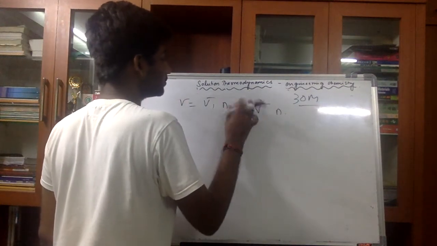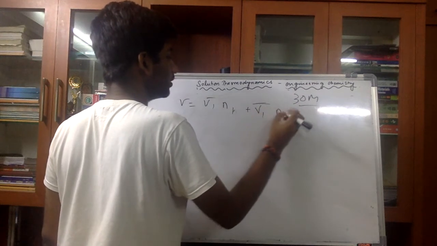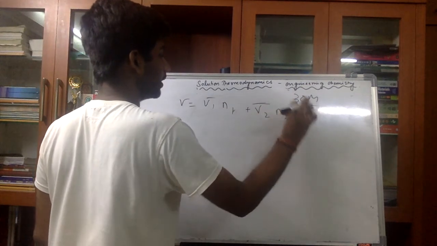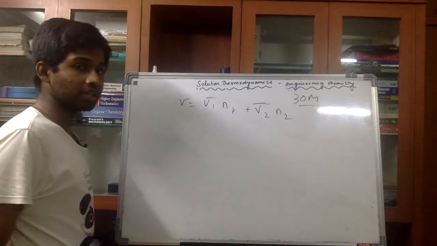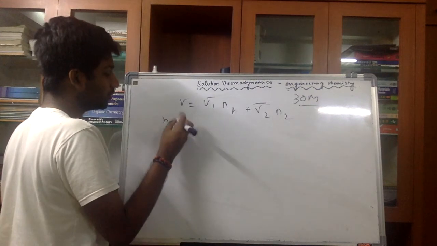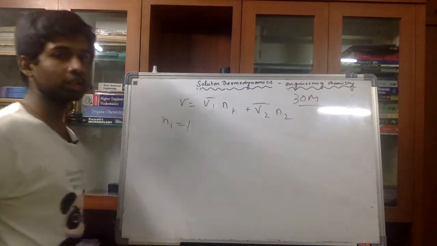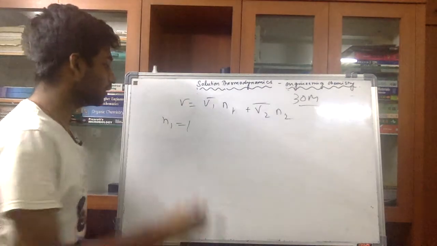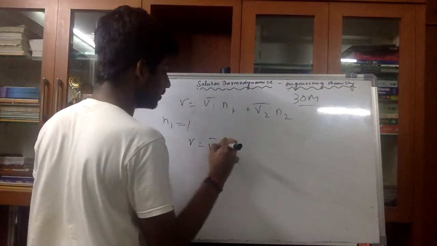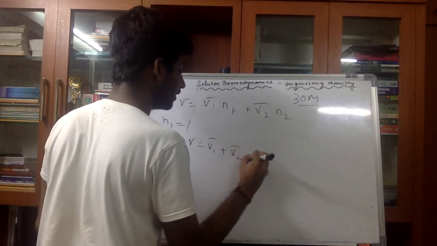So V1 bar and V2 bar. What is our assumption here? The number of moles is unity for one component. That's the assumption that you have made. So make it V is equal to V1 bar plus V2 bar N2.